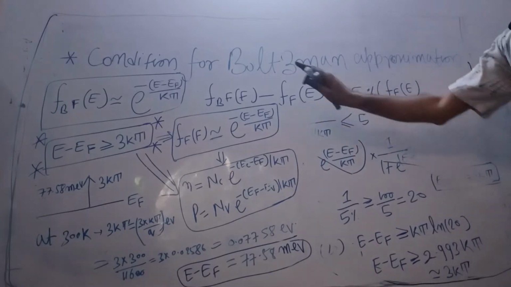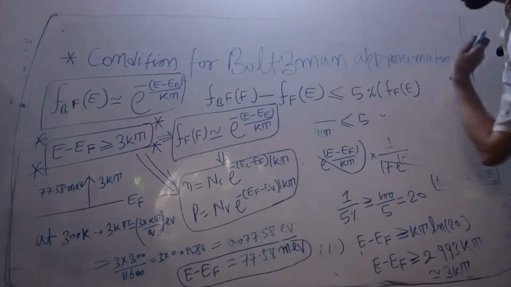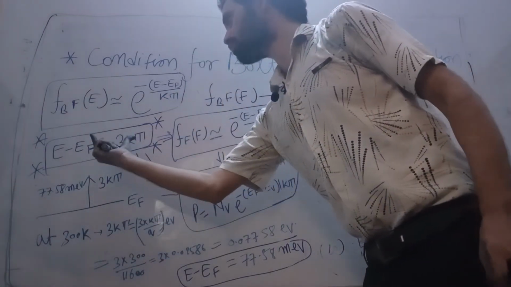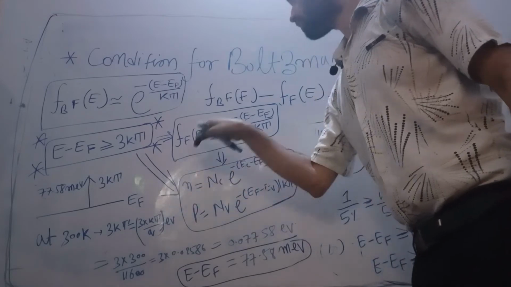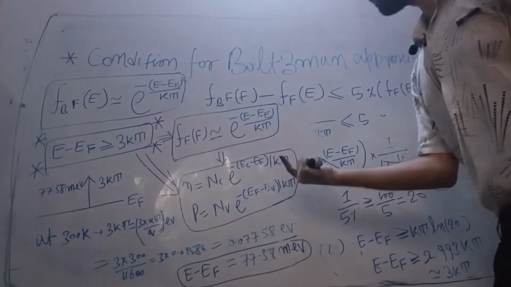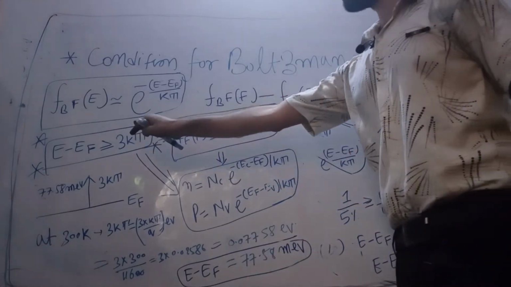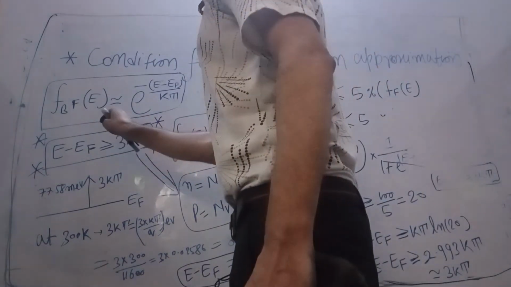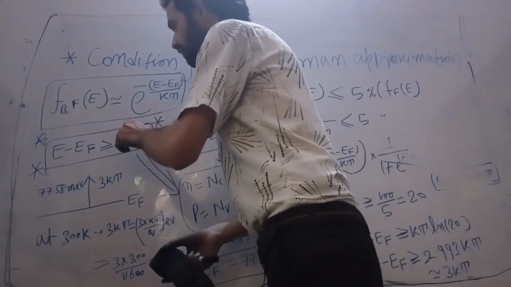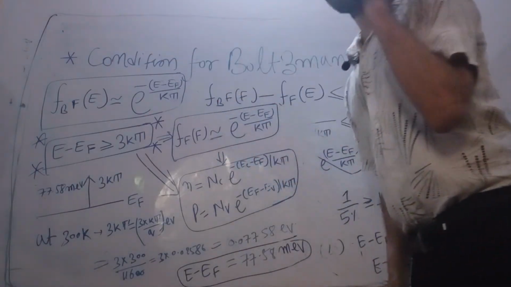Now, this is all about the condition of Boltzmann approximation, when we have to take the Boltzmann approximation into account in order to calculate the charge carrier concentration. If we are not satisfying this condition, then we can no longer take the Boltzmann approximation.